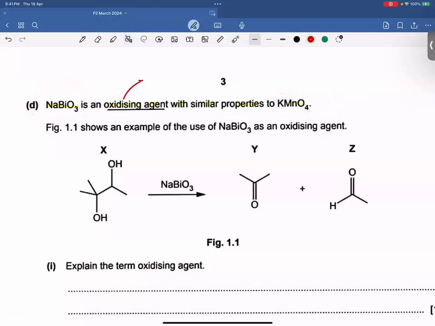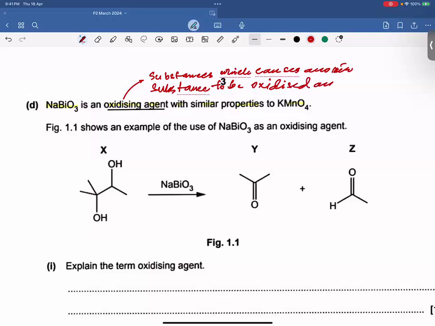Oxidizing agents are those substances which cause another substance to be oxidized and reduce themselves.